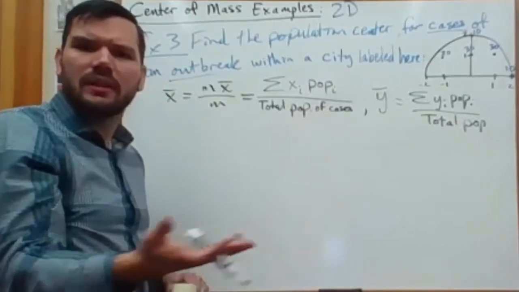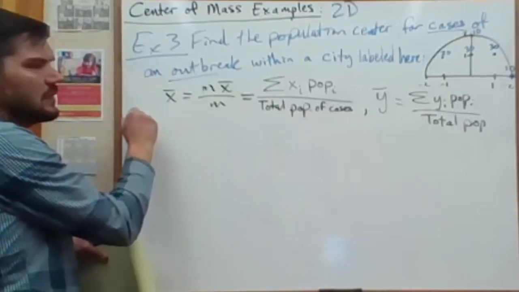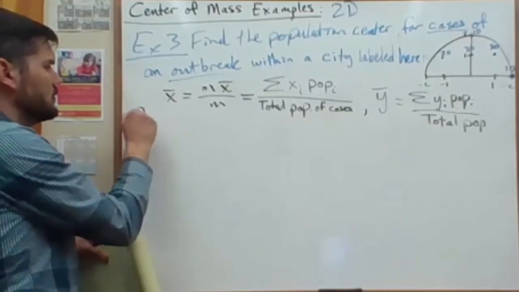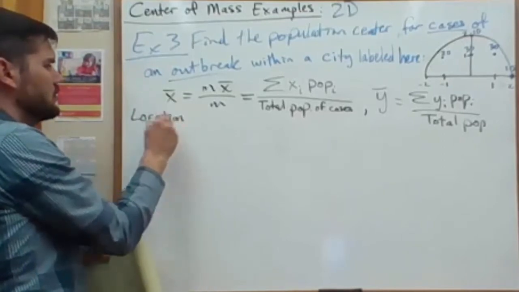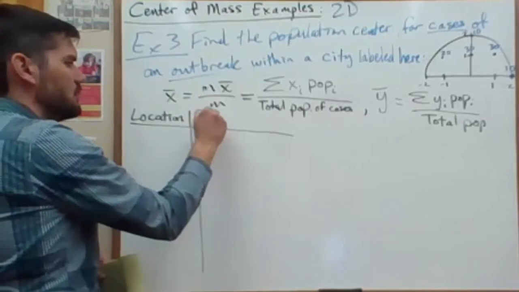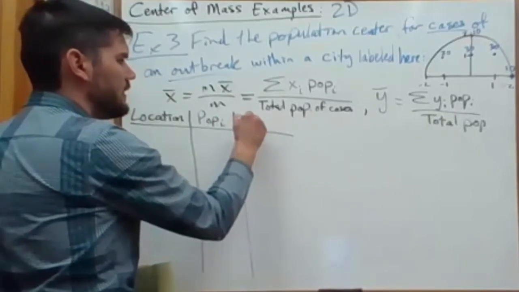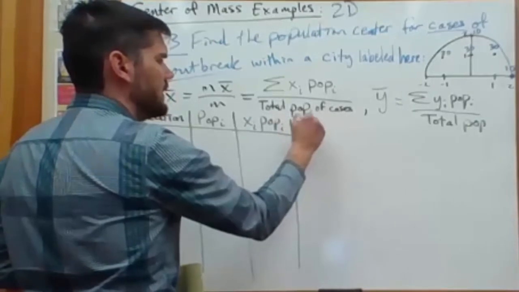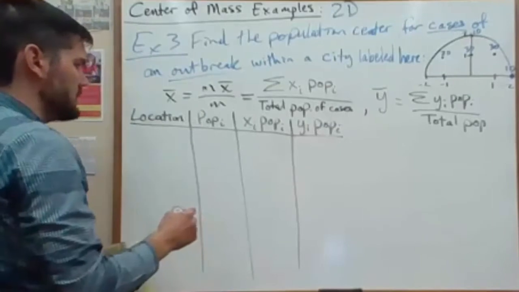And to do this effectively, I'm going to create a table of these values. First, labeling the points or locations, then the population sub i, number of cases, then weighting x sub i times population sub i, y sub i times population sub i, and then adding up these pieces.